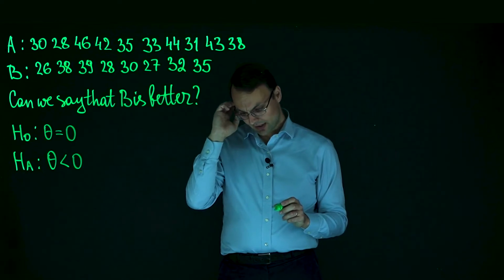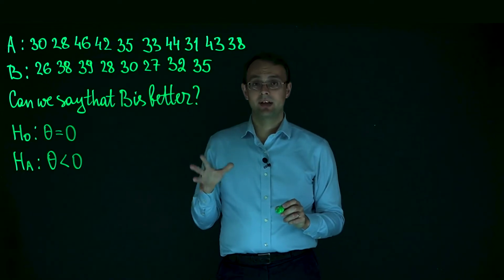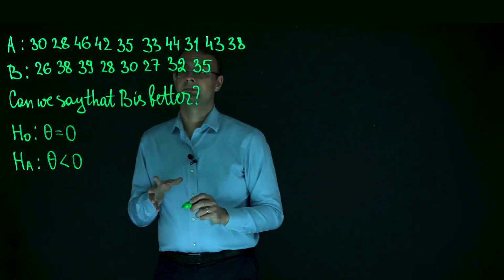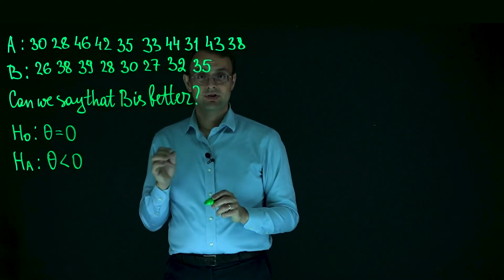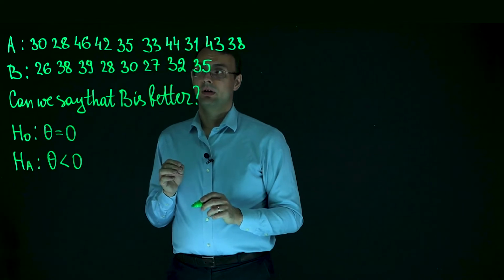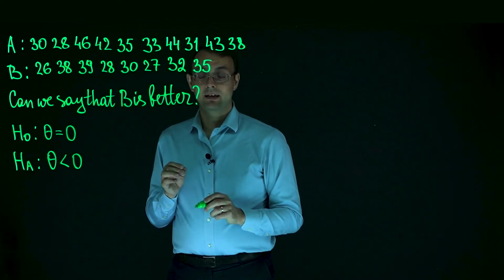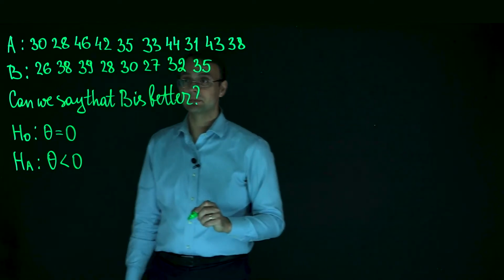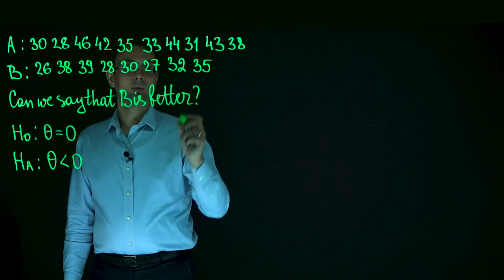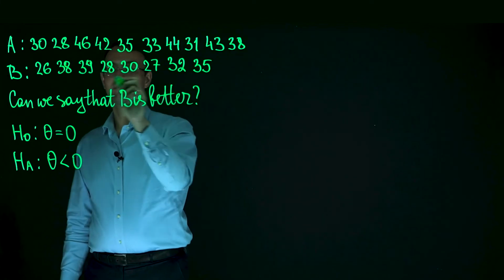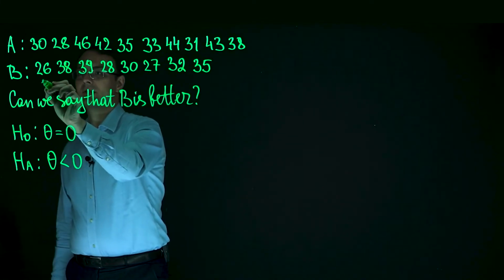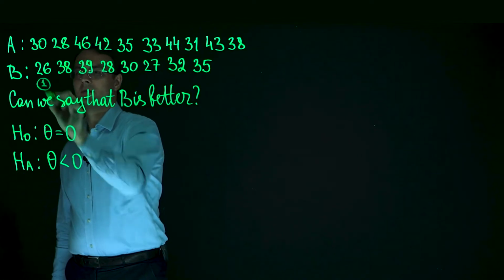Then we are to calculate the test statistic. The first step is to rank the observations. Let's do this. We are to start with the least one. The least one is 26, and its rank is 1.